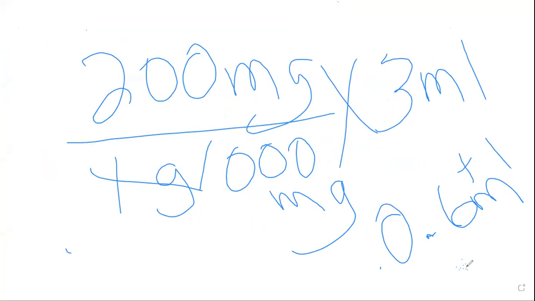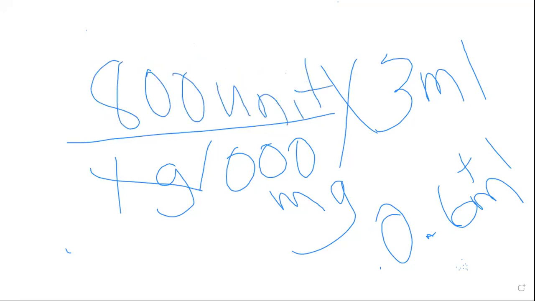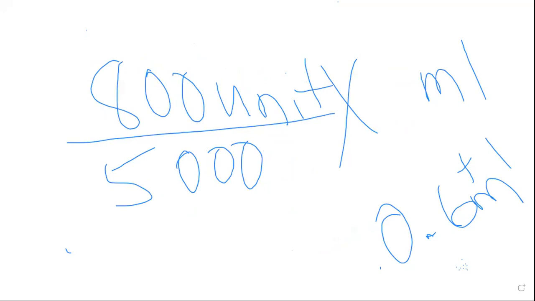So what we have is 800 units ordered. On hand, we have 5,000 units, and it's per 1 mL. If it just says mL, it's assumed that it's 1.